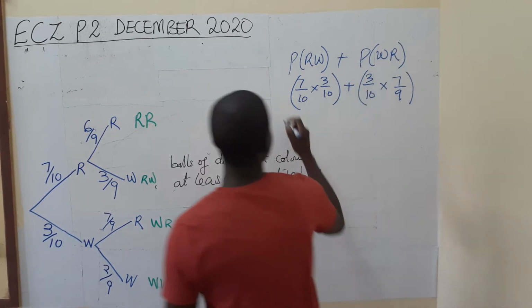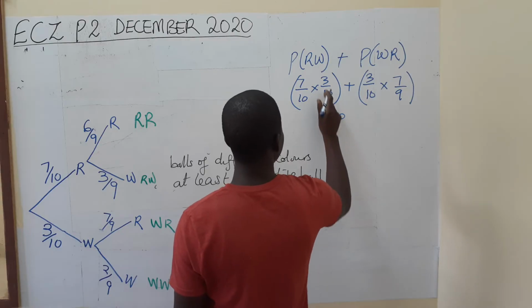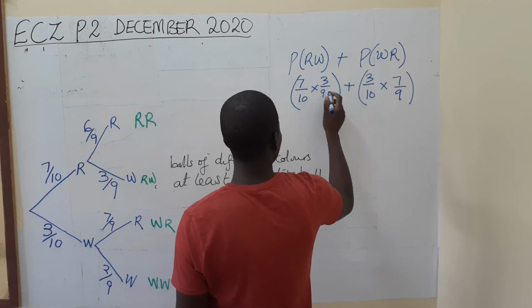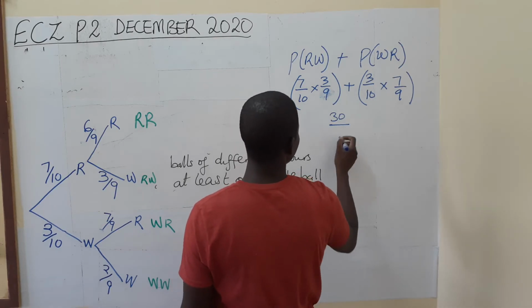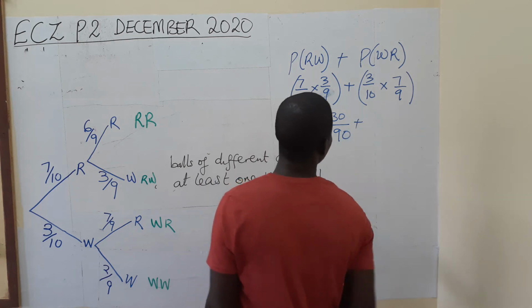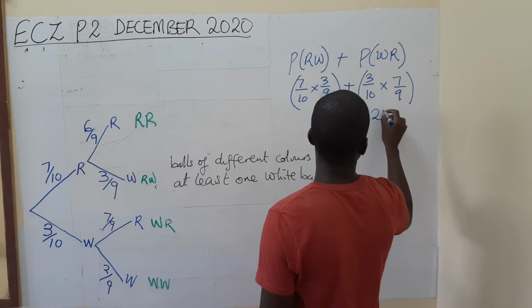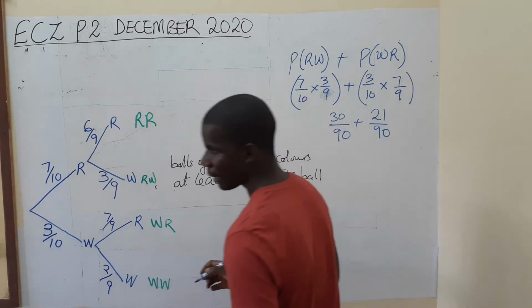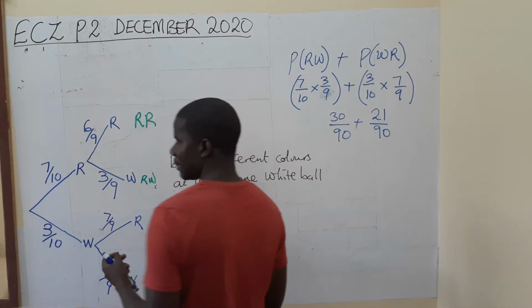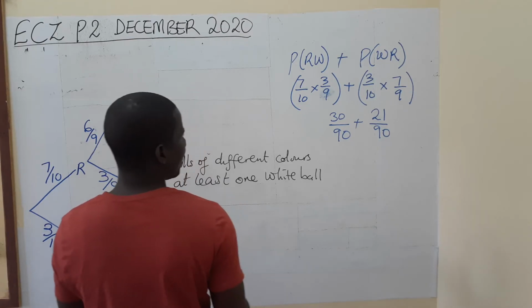This is going to give us 21 over 90 plus 21 over 90. That is what we are getting here.